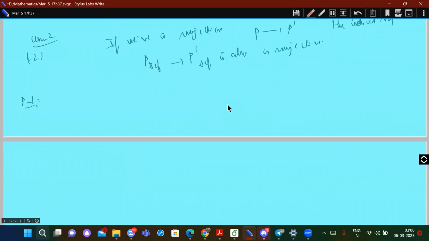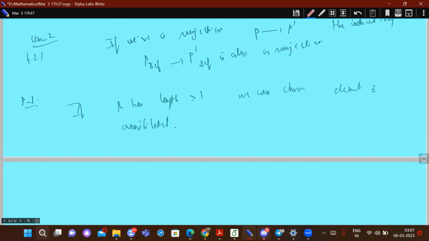So consider the case when the length is greater than one. Then you can choose an element Z.